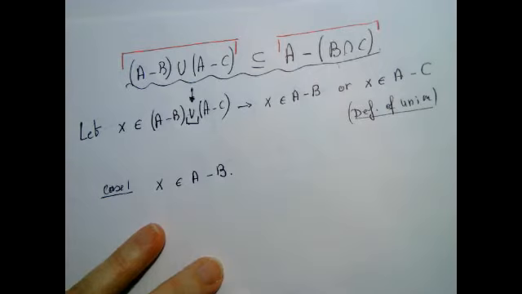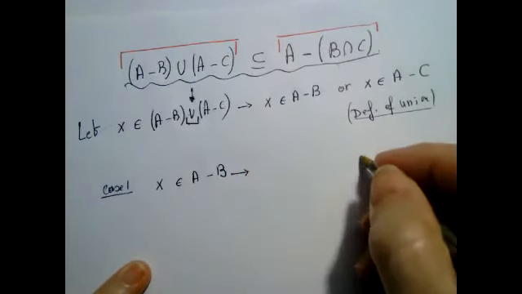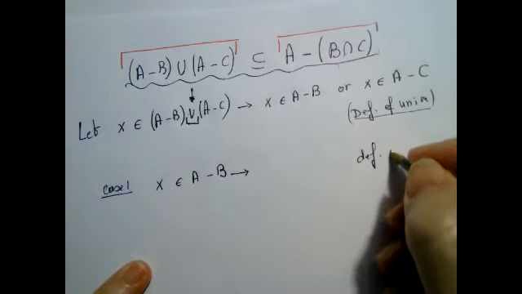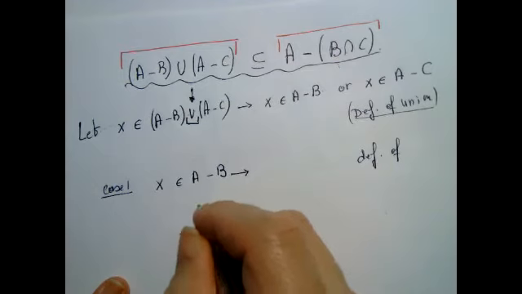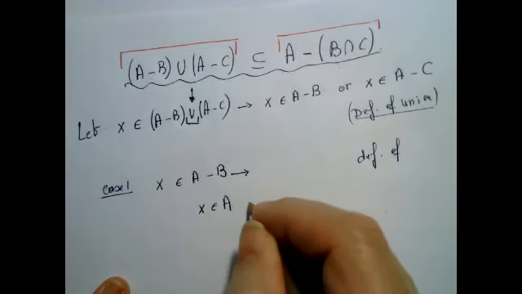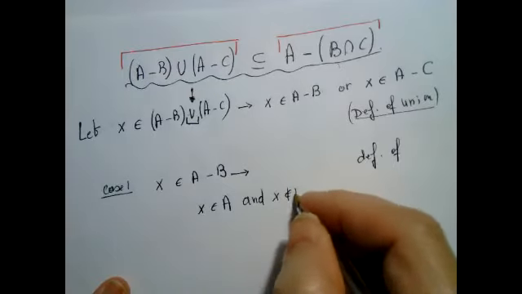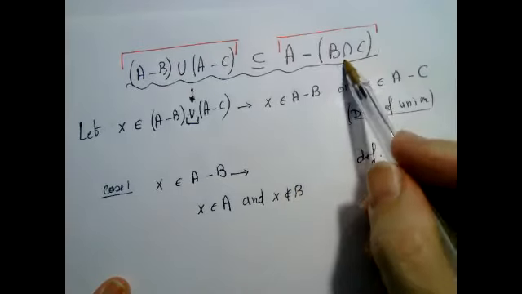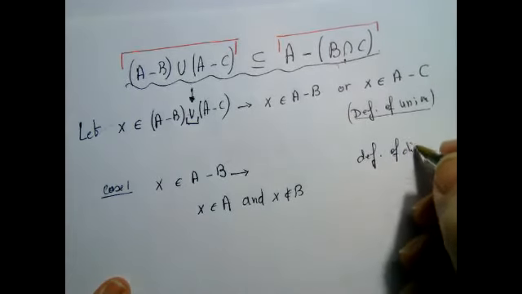Analyze the statement. What does it mean to be in A minus B? To be in A minus B, X is in A and X is not in B. Right, and X is not in B. You always keep your eye on the prize. That's where I'm heading. That's the definition of difference.